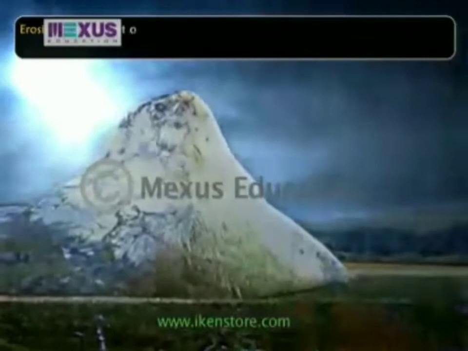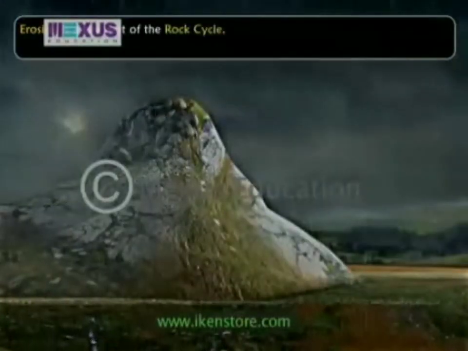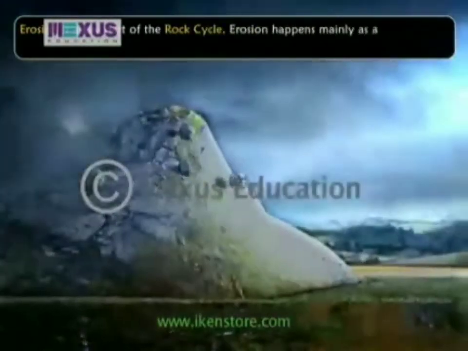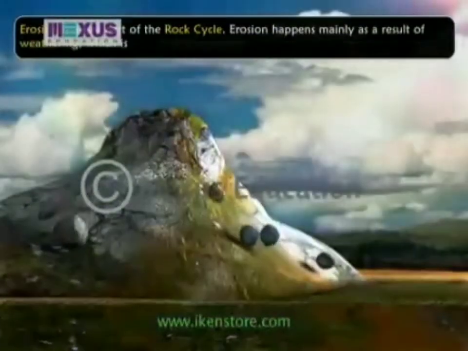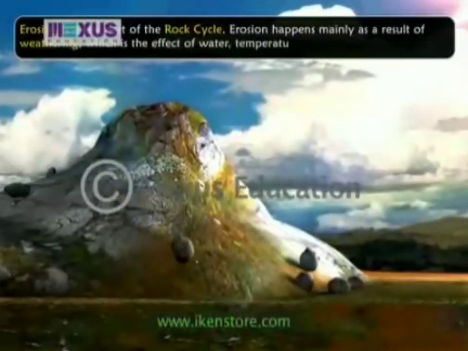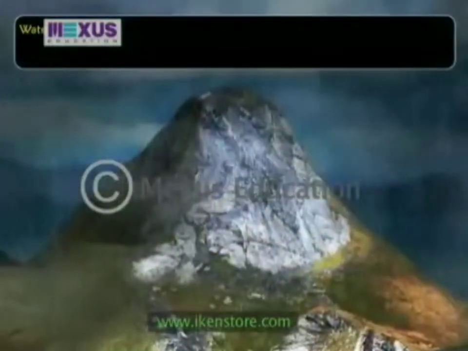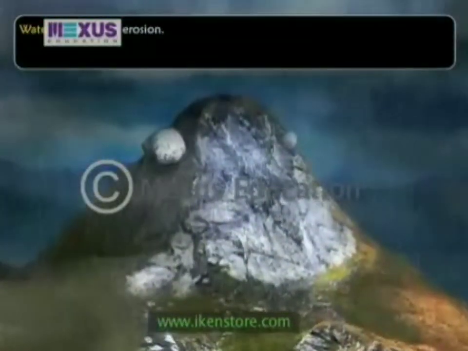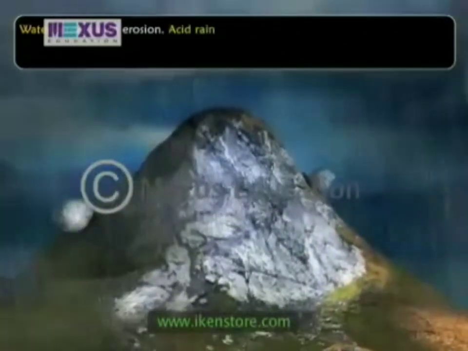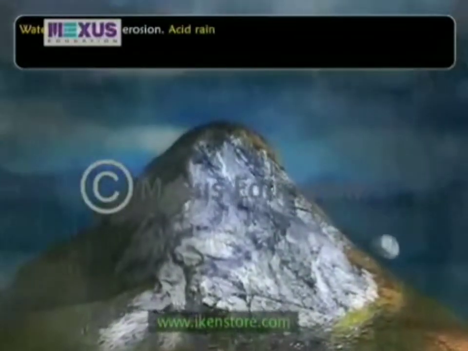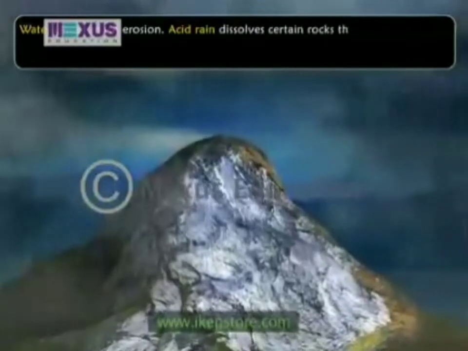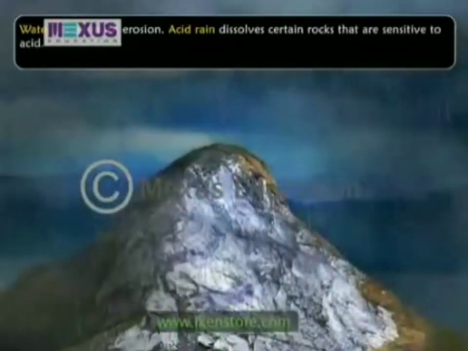Erosion is a key part of the rock cycle. Erosion happens mainly as a result of weathering, which is the effect of water, temperature and wind on the landscape. Water causes much erosion. Acid rain, chemicals in the air combined with precipitation, dissolves certain rocks that are sensitive to acid.